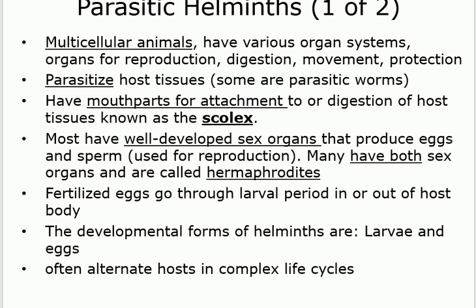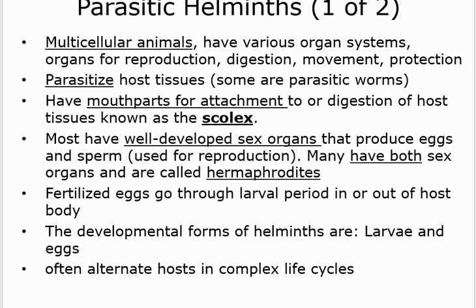Are we following so far? However, there are some types of worms that are called hermaphrodite. What's hermaphrodite? Both of them. They are male and female at the same time. They produce sperm and eggs. They fertilize themselves. So we call that hermaphrodite.